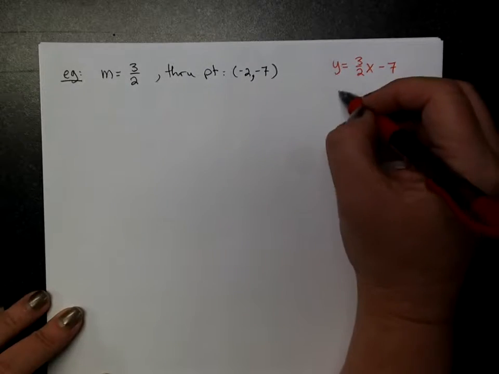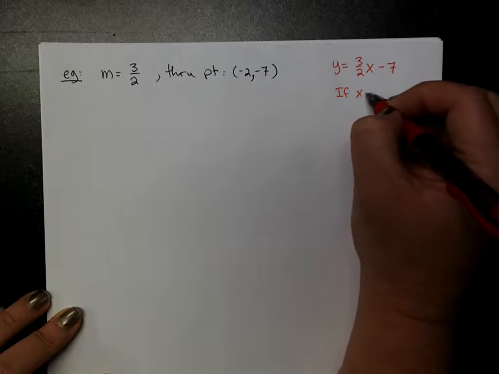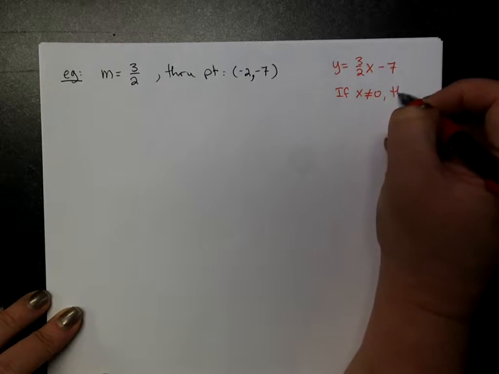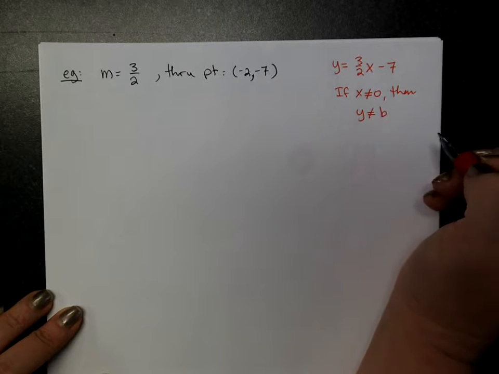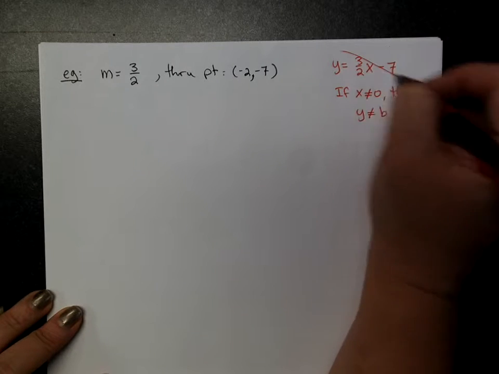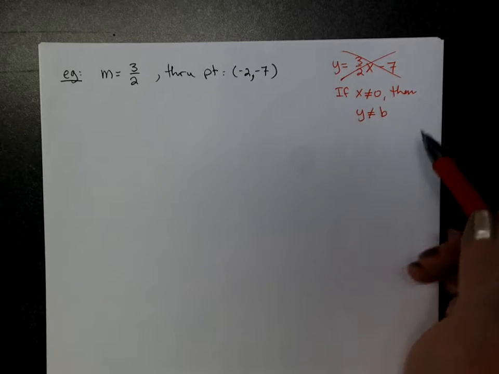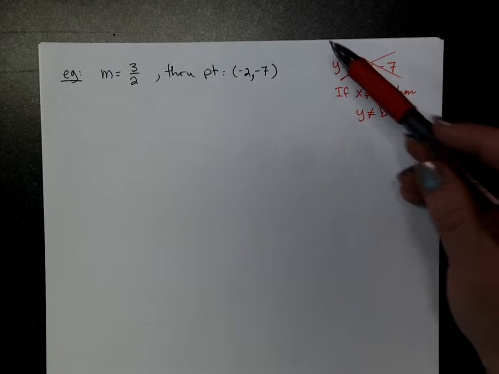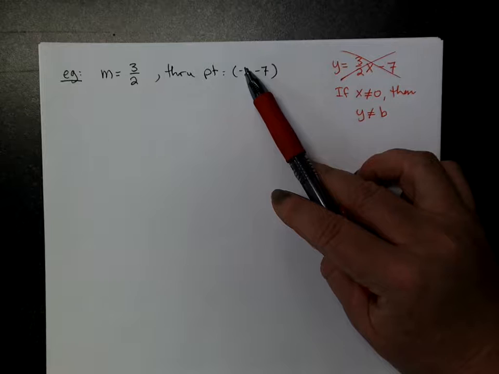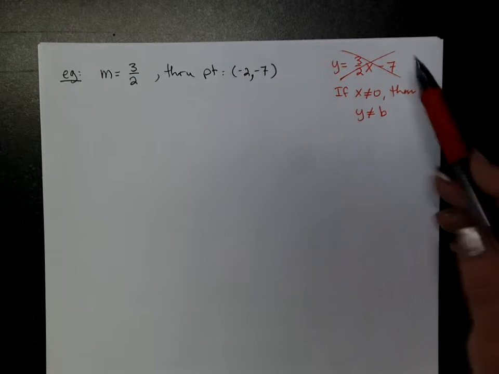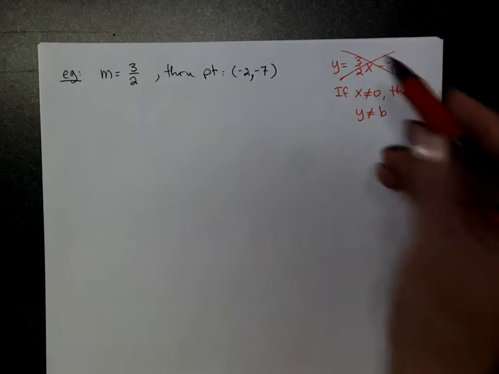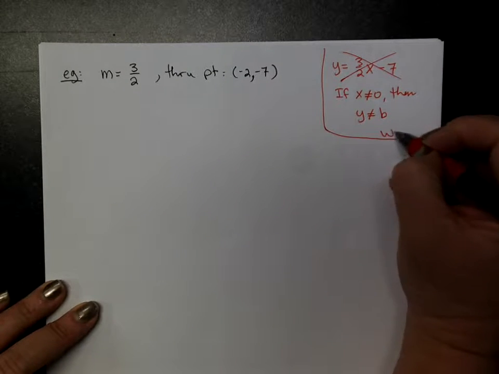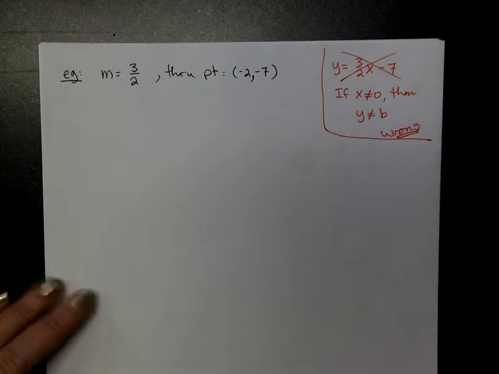If x is not 0, then your y is not your b. Okay? So this would be wrong. You can only just plug it in like that if this were the point (0, -7). b is only the y-intercept when it's (0, b). So do not do this. This was wrong. Okay?